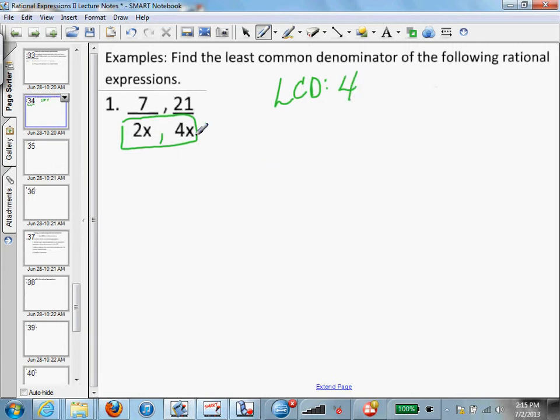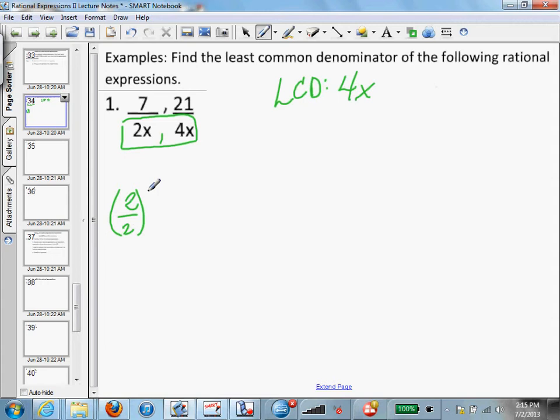And think about the variables x and x, they are the same. So you just say 4x would be the common denominator.